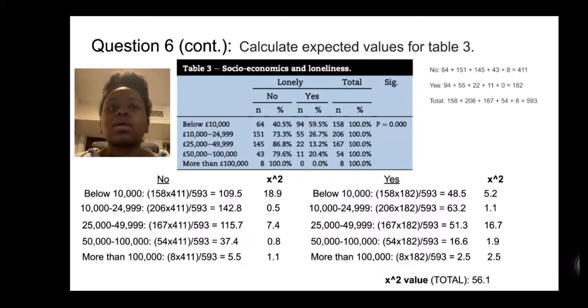Once we got the values for all of the no's and all of the yeses, that added up 18.9 plus 0.5 plus 7.4 plus 0.8 plus 1.1 plus 5.2 plus 1.1 plus 16.7 plus 1.9 plus 2.5 gave us a total of 56.1. That is the chi-square value for table 3. Thank you.